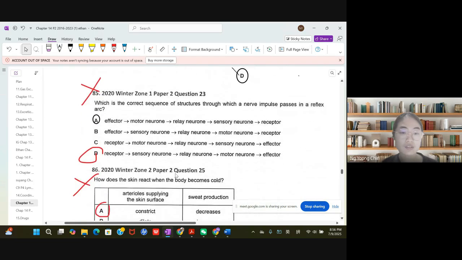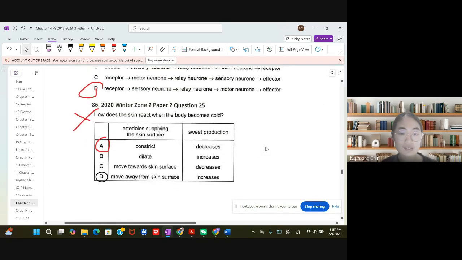Okay. For this one also, the sequence, okay, the sequence. So how does the skin react when the body becomes cold? Cold, right? That's why the arterioles will undergo vasoconstriction and then you reduce the sweat production. Okay, this one, moving away from the skin surface.